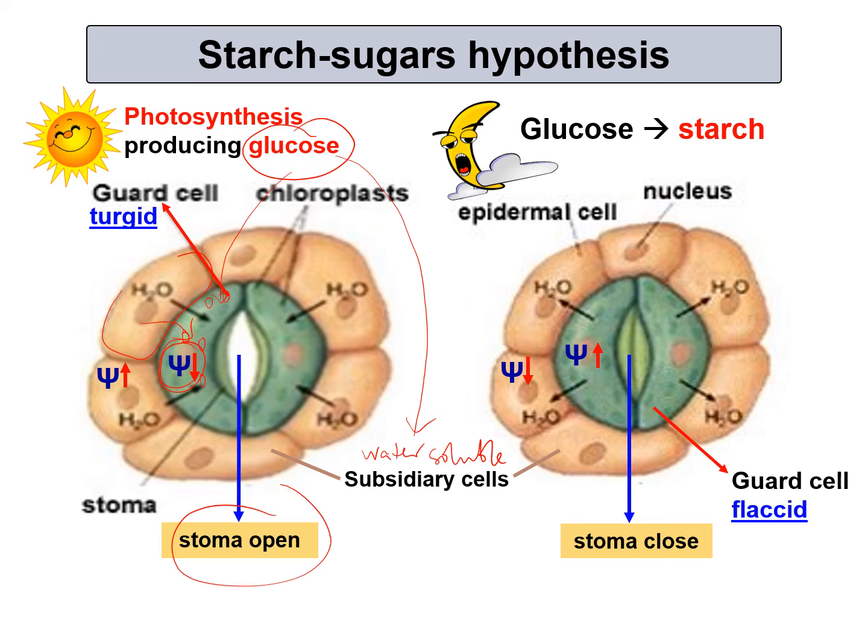At night, the glucose is converted to starch, which increases the water potential in the guard cell. What makes the starch cause an increase in water potential?